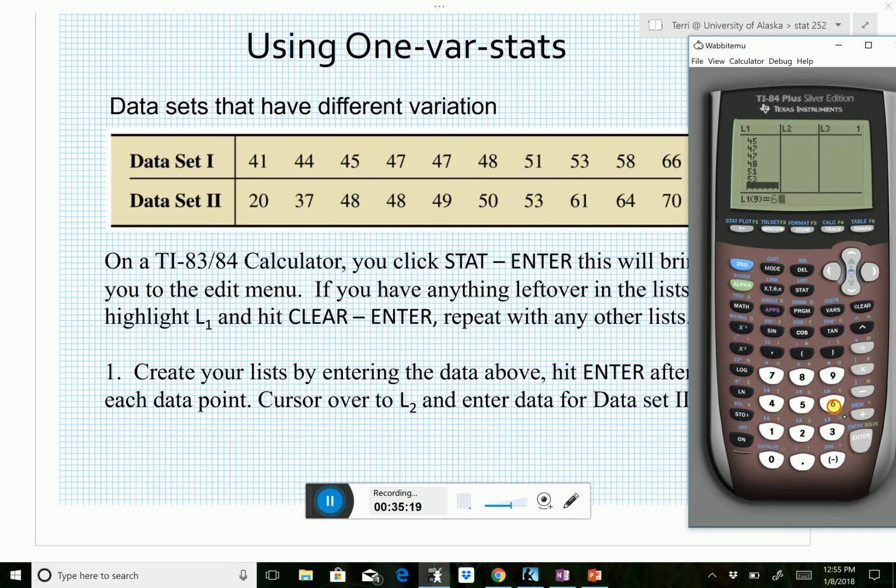Okay, I'm going to repeat this with list 2 now. 20, 37, 48. And you guys can get your calculator and follow along with what I'm doing here, and make sure you can get these same answers.